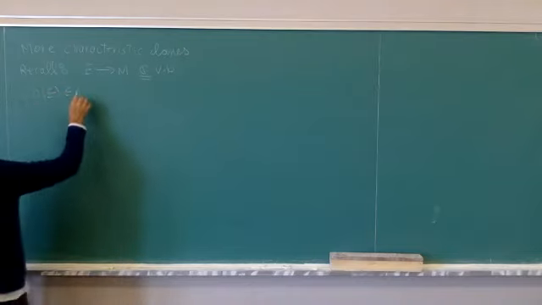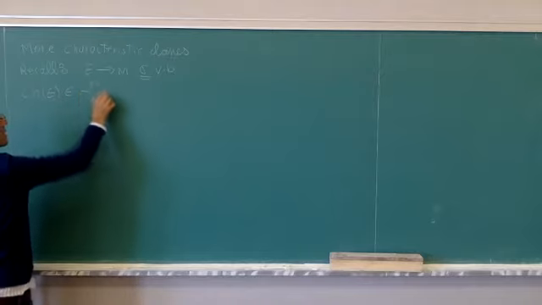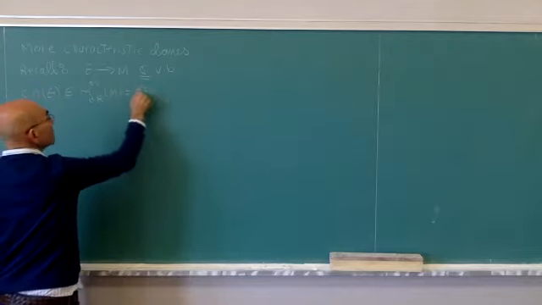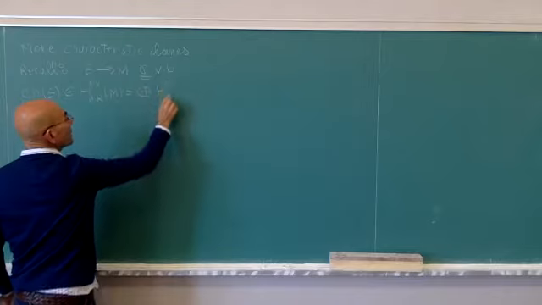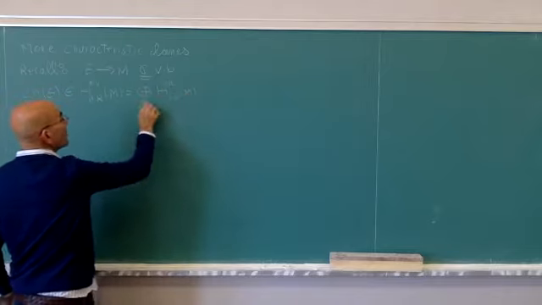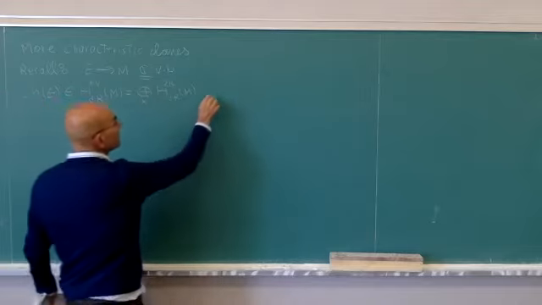This belongs to H even of M, which is the direct sum of H^{2k}(M). Okay, this was the Chern character.